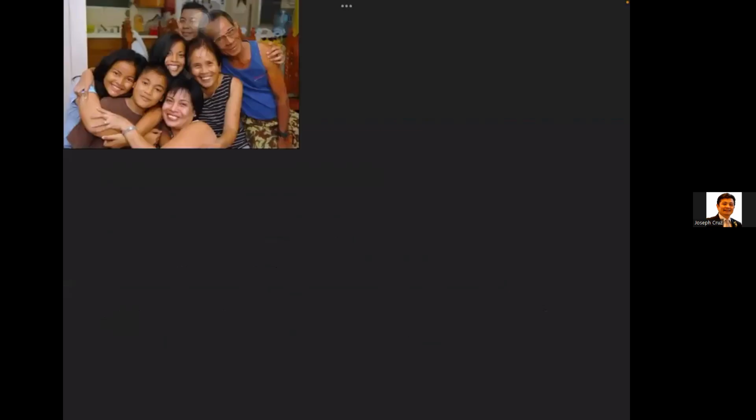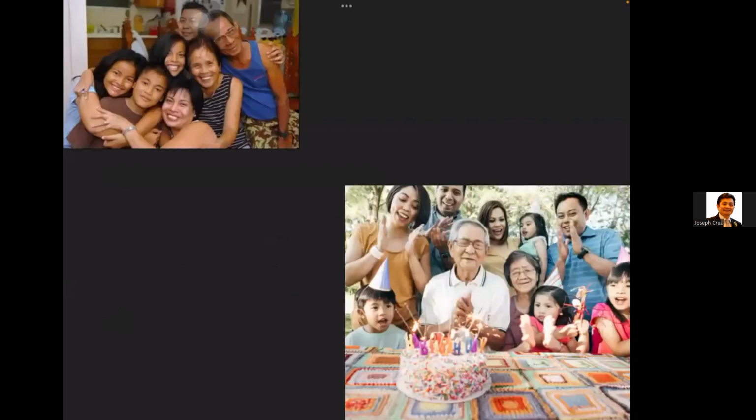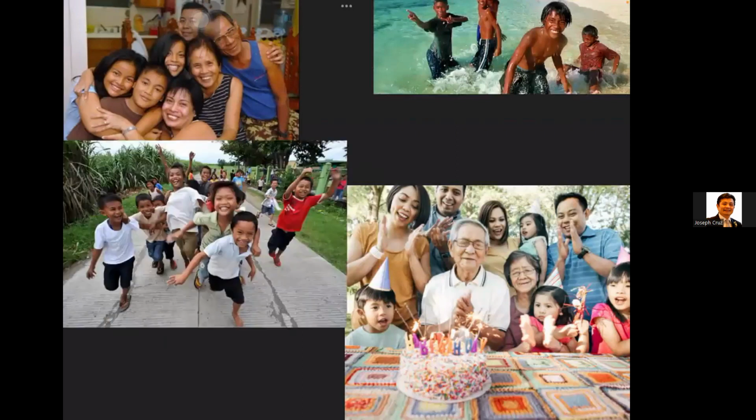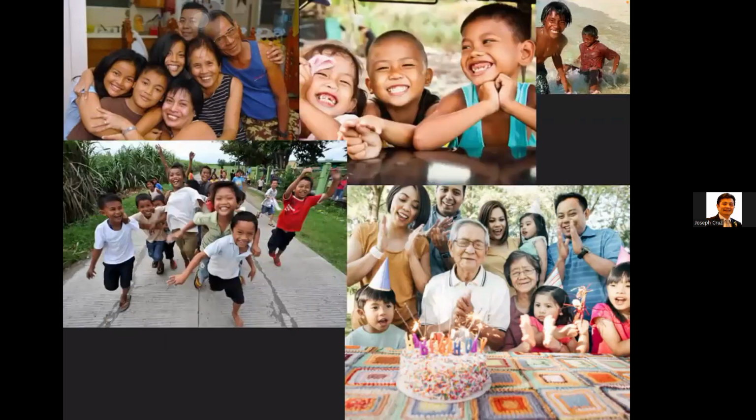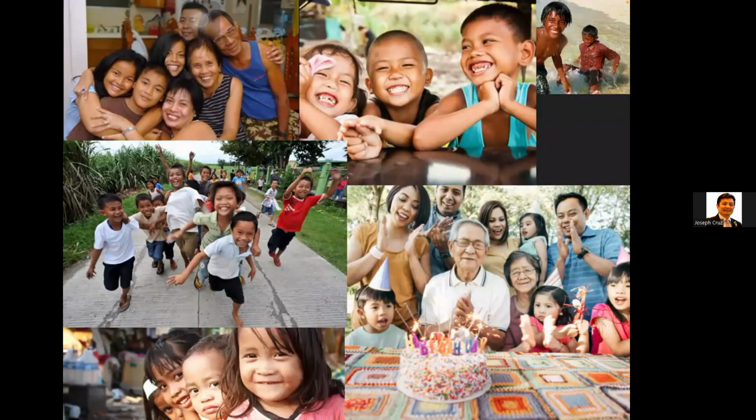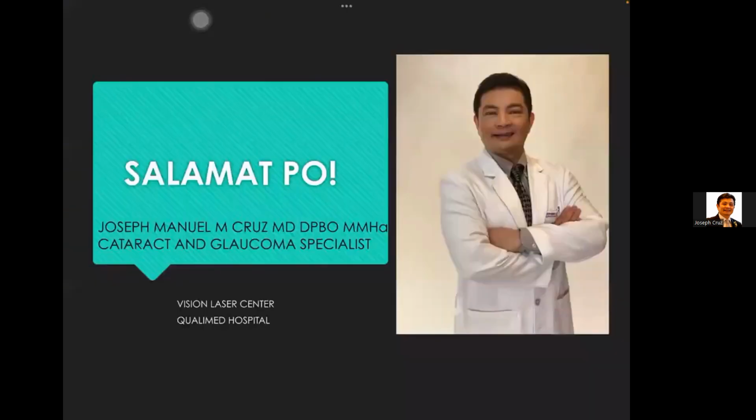So with that po, we are kind of hoping that your families, your friends, your loved ones, if ever, need not be affected by this disease if we can detect this early and we're conscious about how this disease will affect our livelihoods. Maraming salamat po.